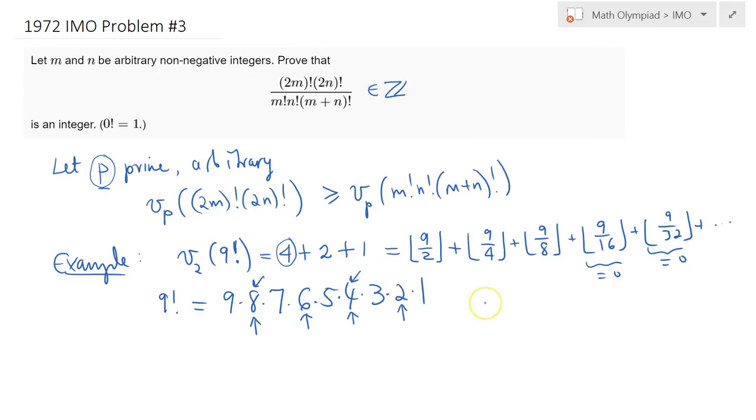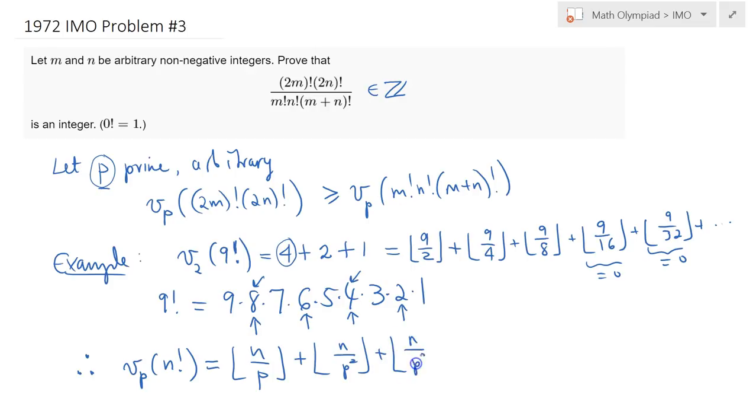So v sub p of n factorial would simply be equal to n over p plus n over p squared, and so on, so n over p cubed, and if you will, we can use the summation symbol for i from 1 to infinity of the floor of n over p to the ith power.